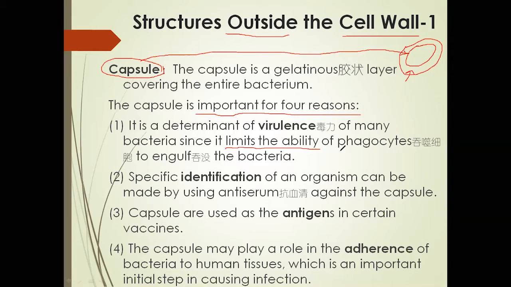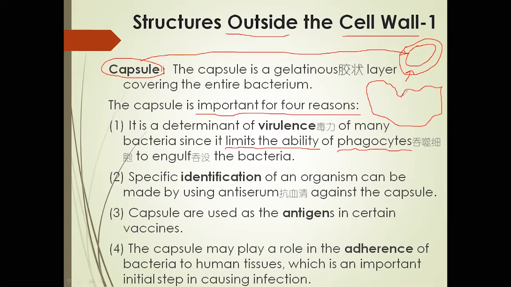We have a special kind of cell we talked about before, phagocytes. That kind of cell we also call eating cells. Normally inside a human body we have this special kind of cell. It should be drawn bigger, but I didn't have space here.